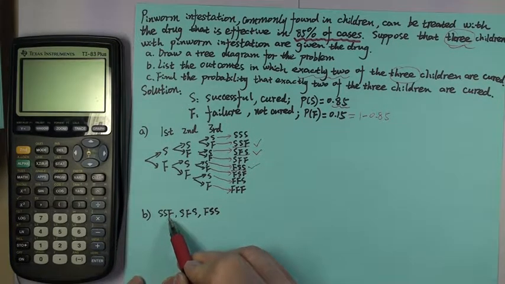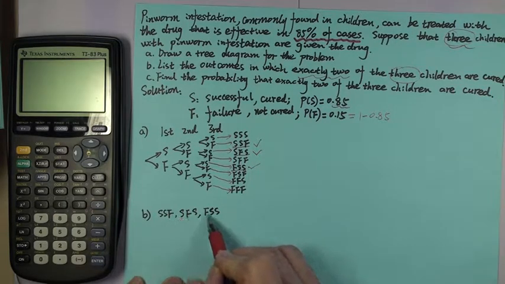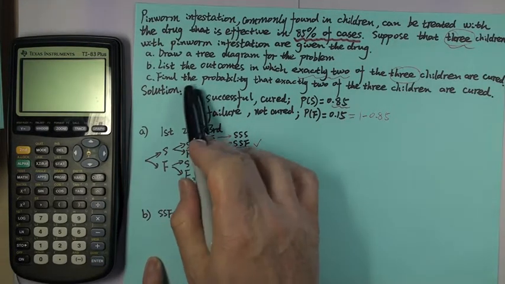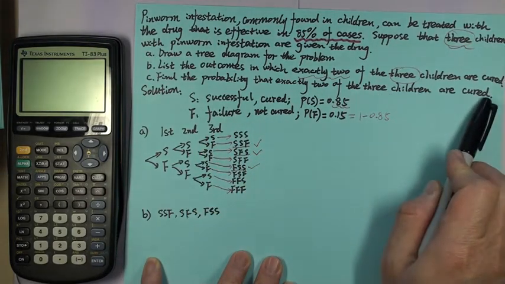So it looks like F is shifting from here to the middle, and then S goes back. Okay, so you may look at this, and then find the probability that exactly 2 of the 3 children are cured.